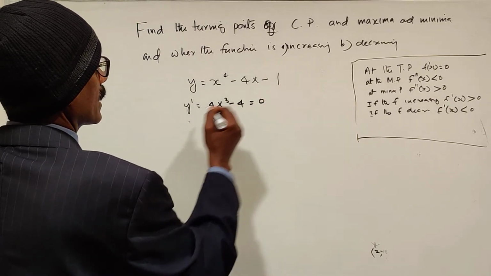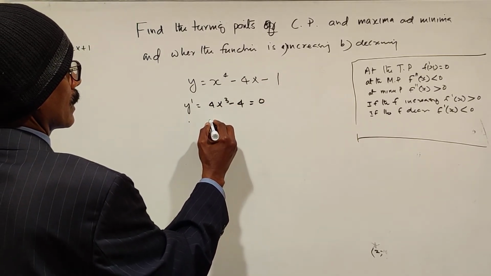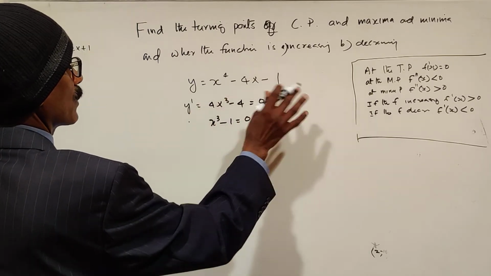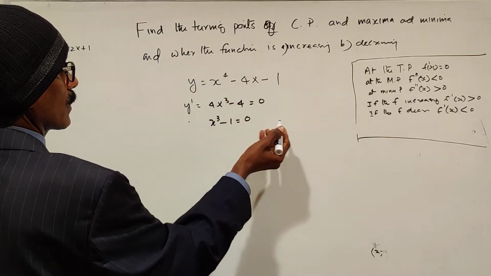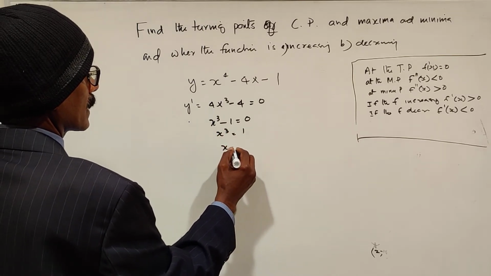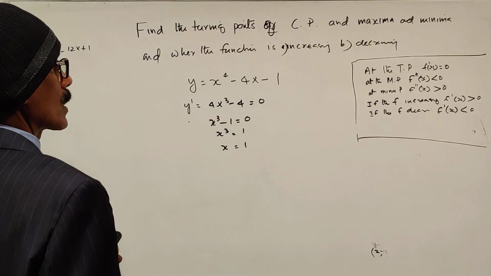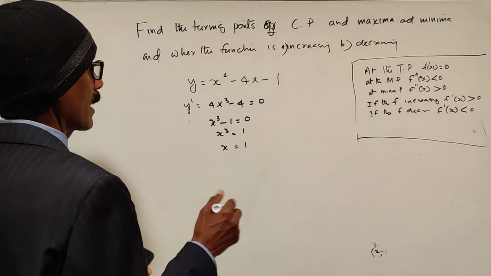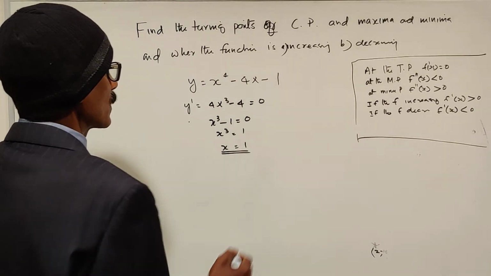Equal to 0. Find the turning points. Dividing throughout by 4, you get x cube minus 1 equals 0. X cube is equal to 1. X is equal to 1. Okay? Only one value. The others are imaginary roots. You don't need that. X is equal to 1.